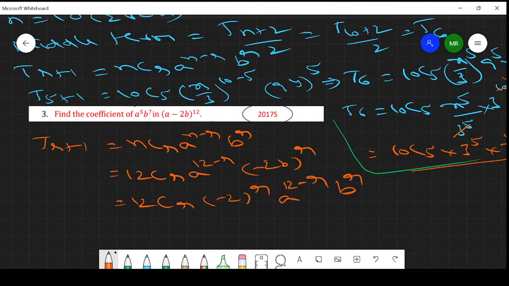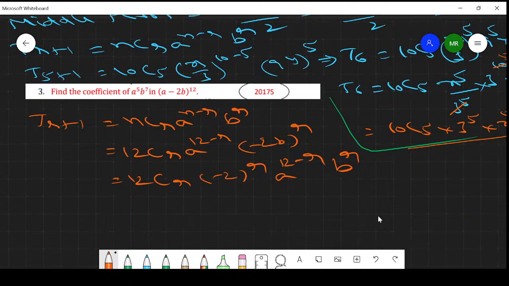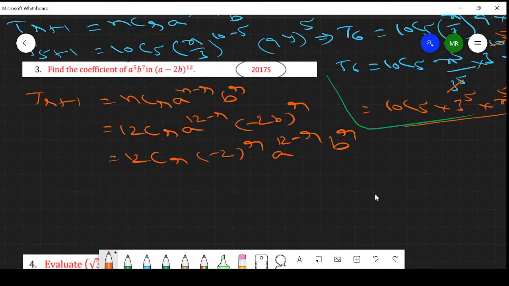But they are asking the coefficient of a power 5 b power 7. To get that coefficient, I can equate a power 12 minus r, b power r to a power 5 b power 7. Why?